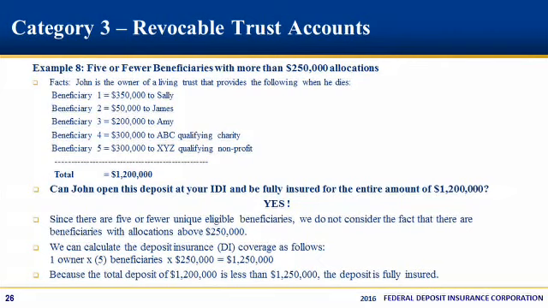When we add up the specific allocations, the total to be distributed when John dies is $1,200,000, and therefore the entire amount is fully insured. Remember, for 5 or fewer beneficiaries, we can ignore the unequal allocations and the fact that 3 beneficiaries are to receive distributions in excess of $250,000.